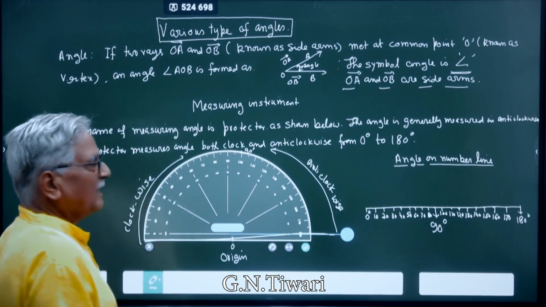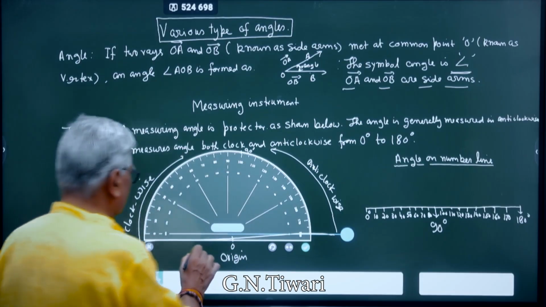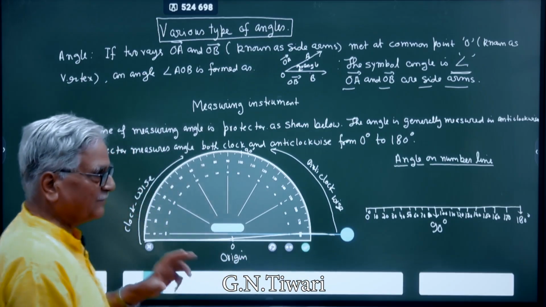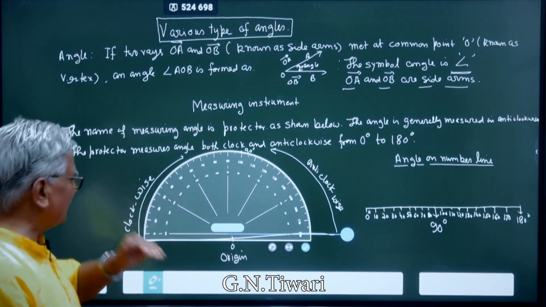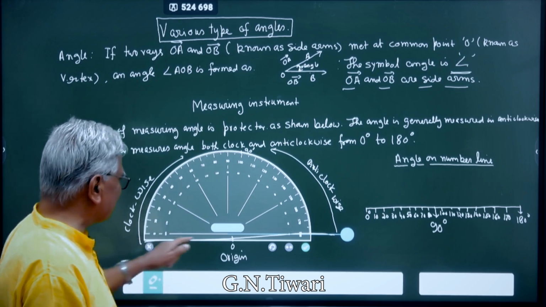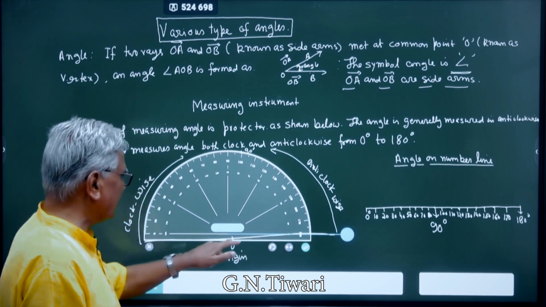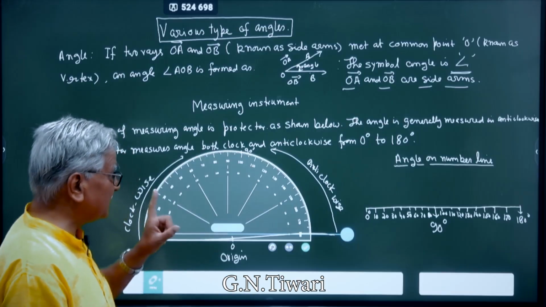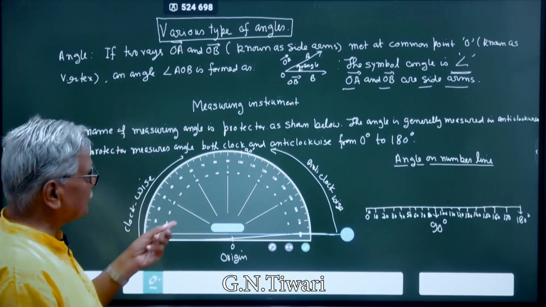And there are two angles. See, this is the horizontal axis, and this O is the origin of the angle. A student should be advised to match this line with the line of the protractor, and 0 should be there. Here there are two types of angle.